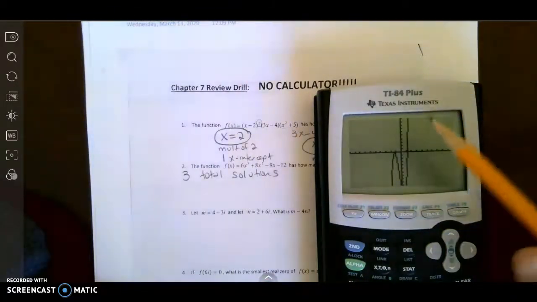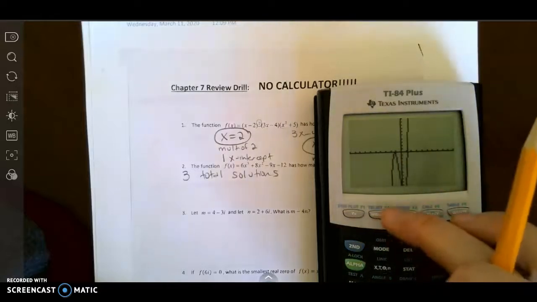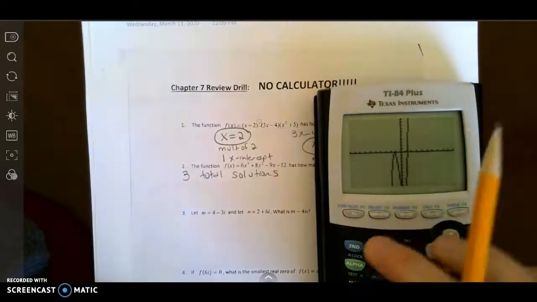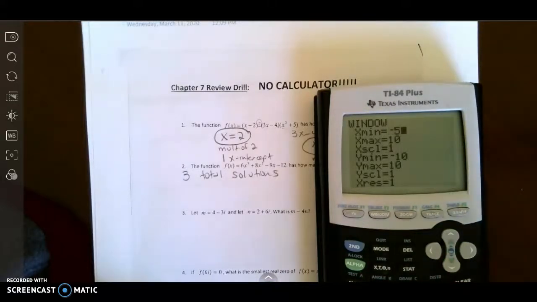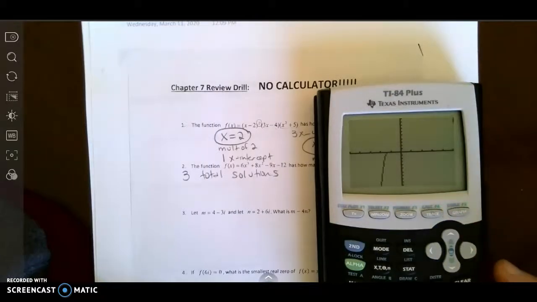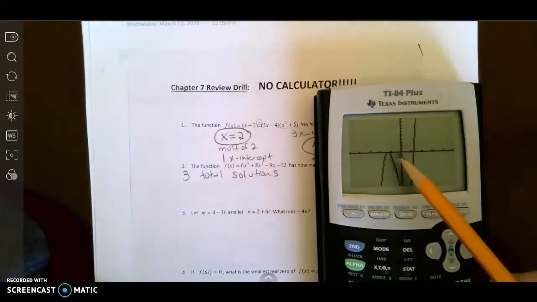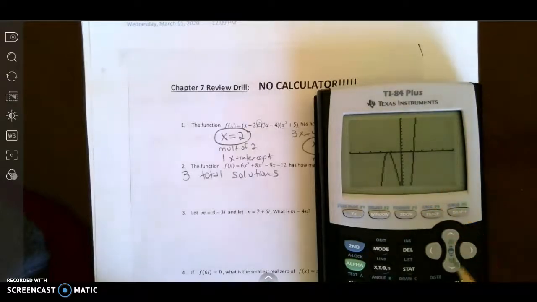And I'm going to get a little bit closer here. Looks like it hits here and here.